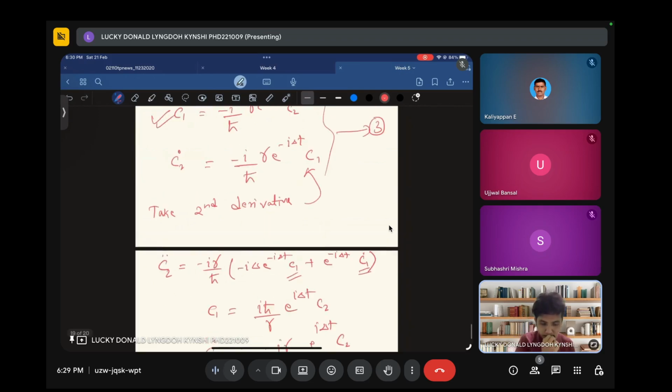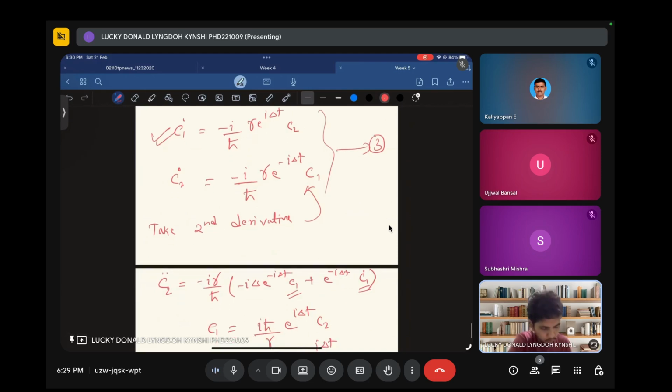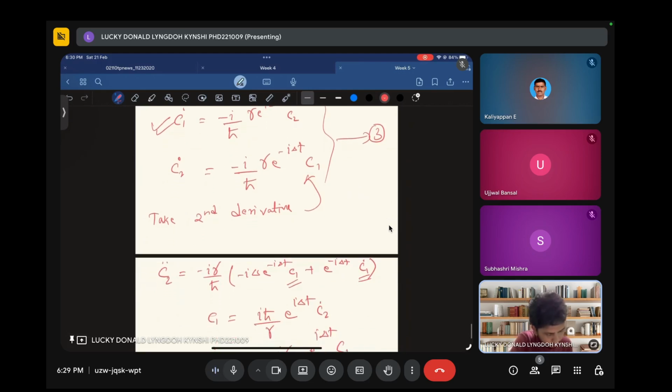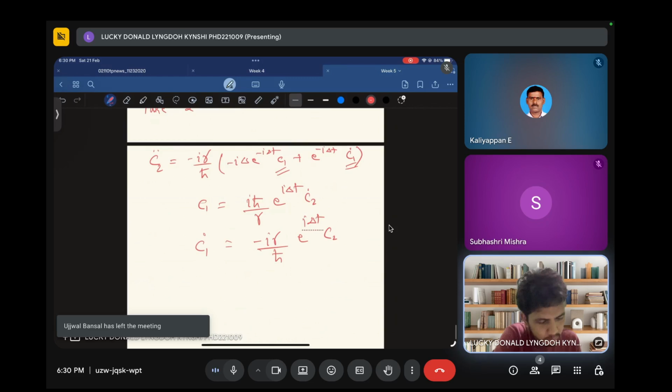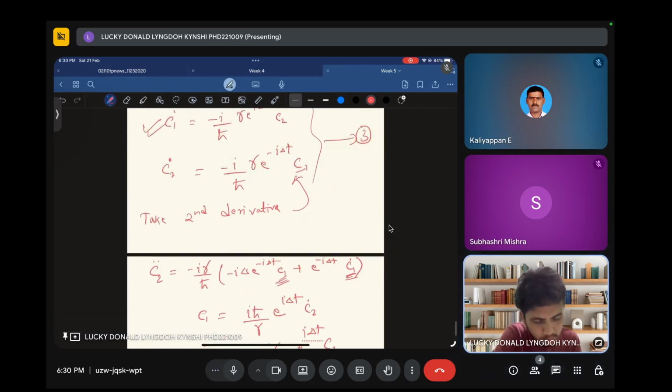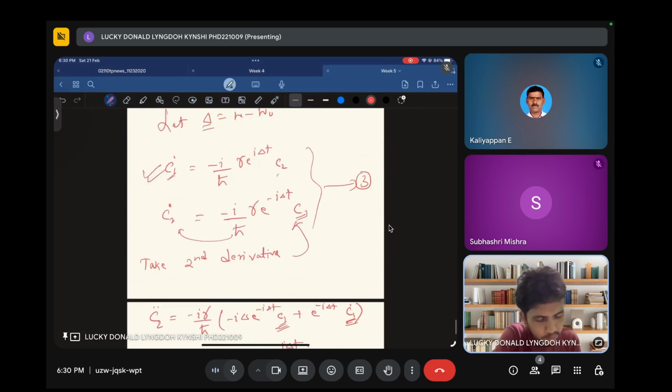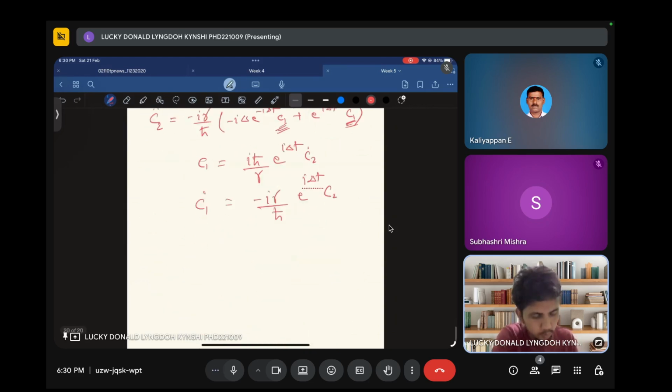Okay, so how do you get c1 and c1 dot? C1 you can get from here. That means you can substitute everything back in terms of c2 dot, and c1 dot you get in terms of your c2. So just substitute back.